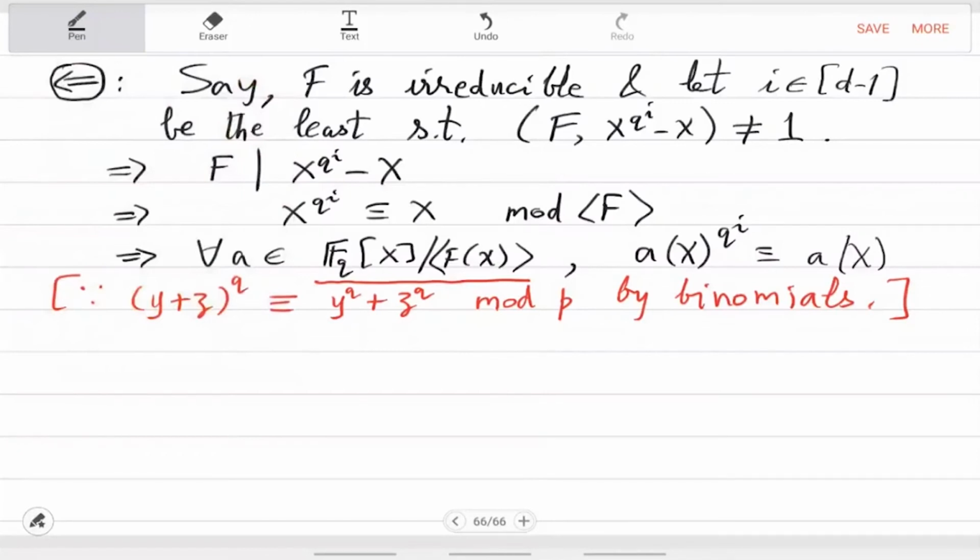This in particular shows that exponentiating by p preserves addition and multiplication. So first of all it's a homomorphism. You can see that it's also an automorphism. Maybe I should write that. That should also be remembered.